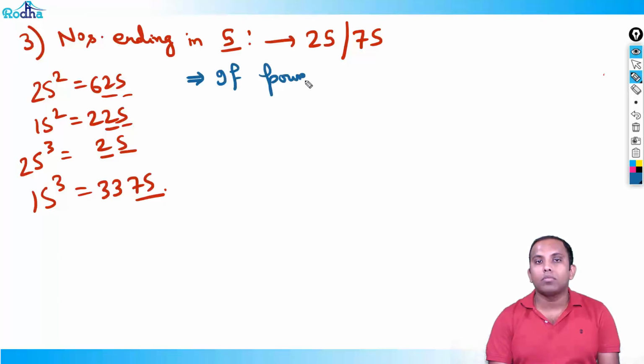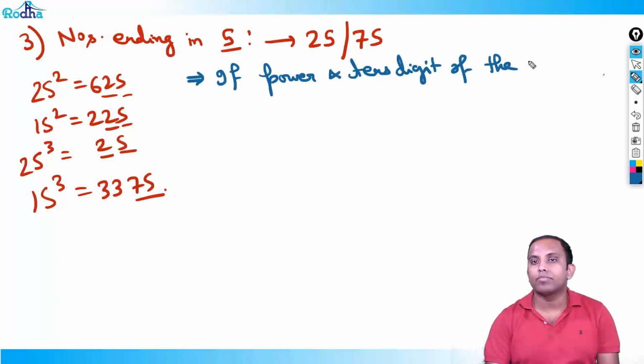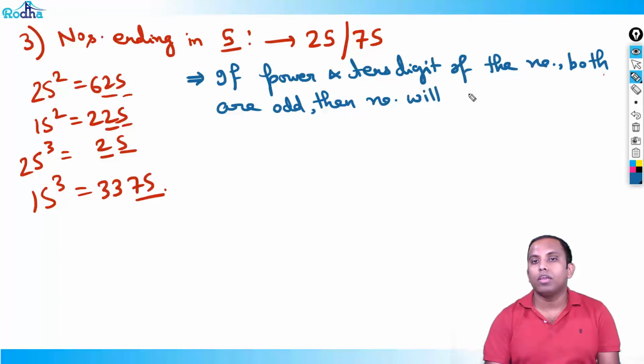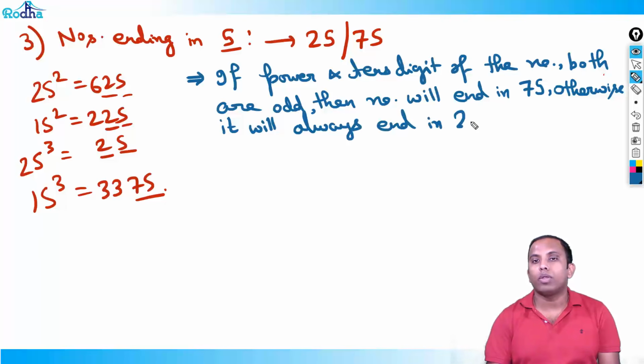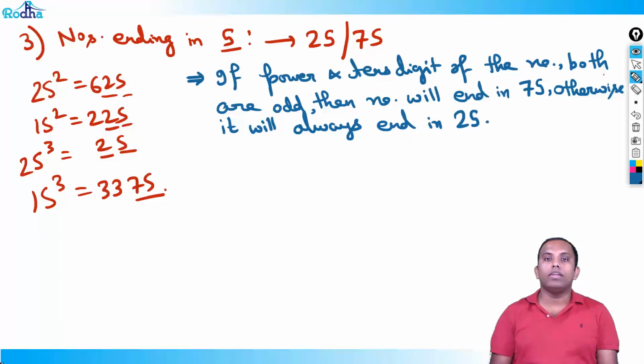If the power and the tens digit of the number both are odd, right, then the number will end in 75, otherwise it will always end in 25.